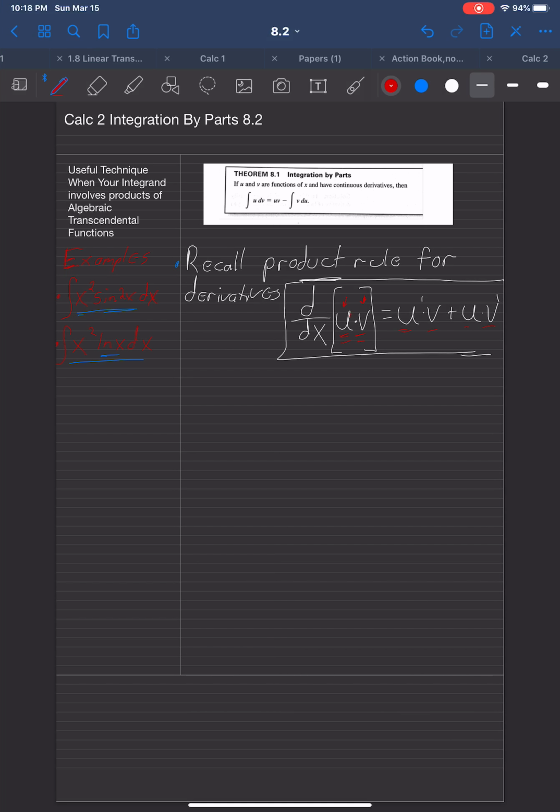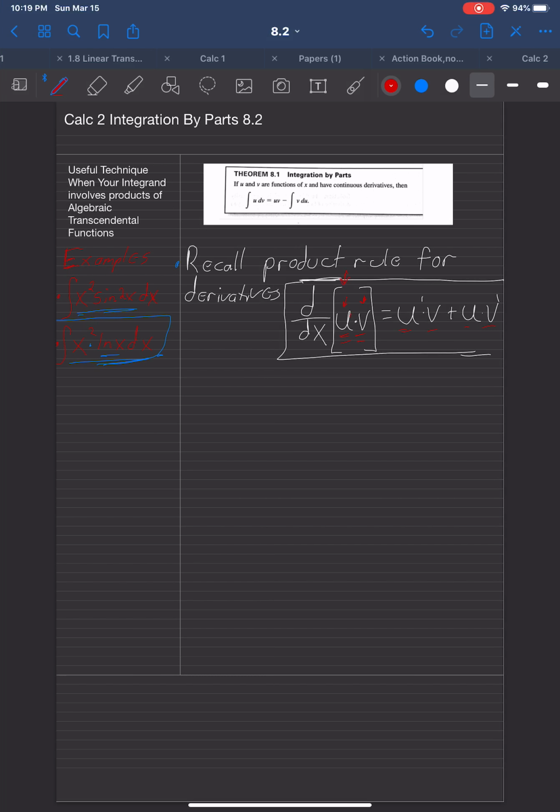But what we have is, if you follow me to the left of the screen for an example, when you're setting up the integral of x squared ln x, notice that you have the product. In its current form, you could say that the integral looks like the left side of this equation.